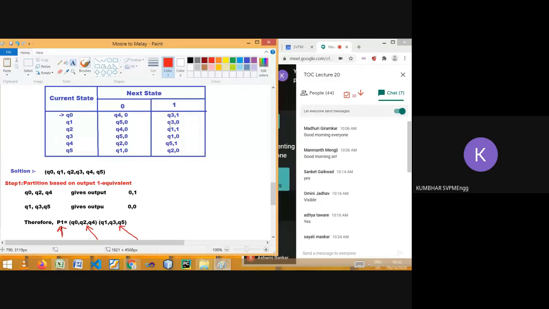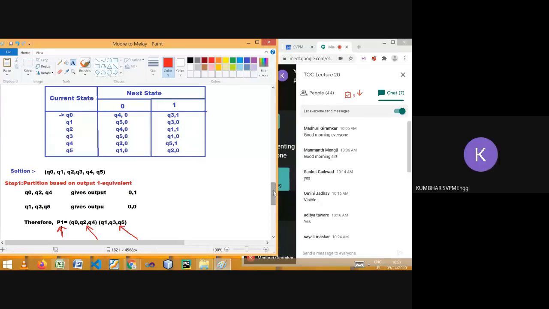So we are now going to apply another criteria to check if there is any different behavior, where some states show one behavior and another state shows another behavior. So in that case, if you observe for Q1, on 1 it goes to Q3, Q3 on 1 it goes to Q1, sorry, Q5. Correct, sir. Okay.